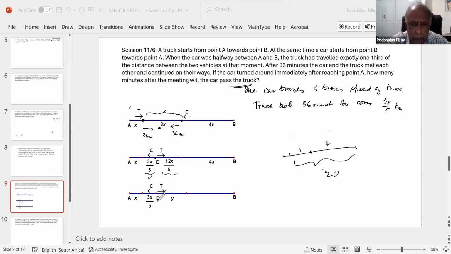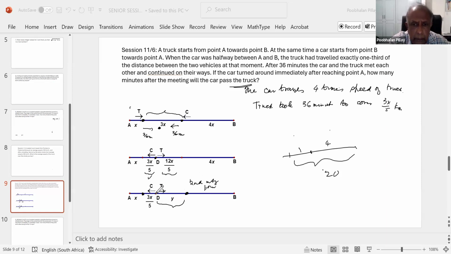So from the meeting point to this second meeting point here. Right? So the first meeting point was here. No, wait a minute.